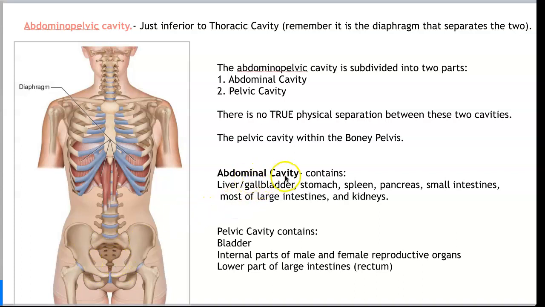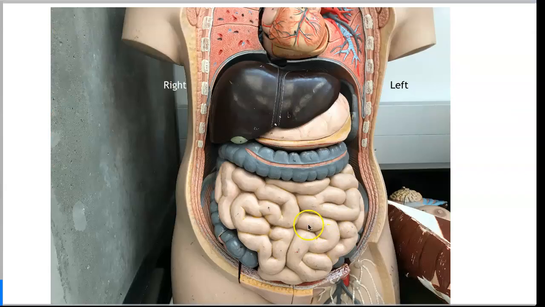Let's start with the abdominal cavity and look at all these organs: liver, gallbladder, stomach, spleen, pancreas, small and most of the large intestines, and the kidneys. So here is your torso model in the classroom. Always remember, this is right.